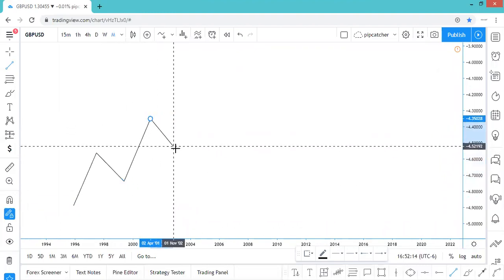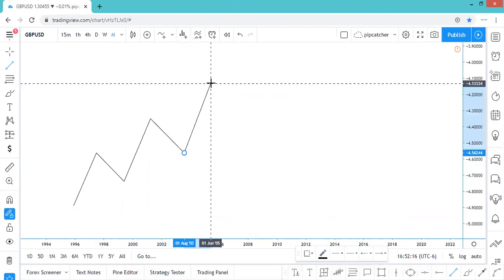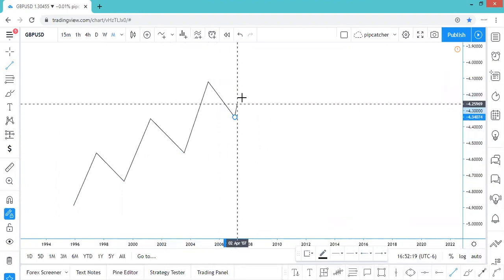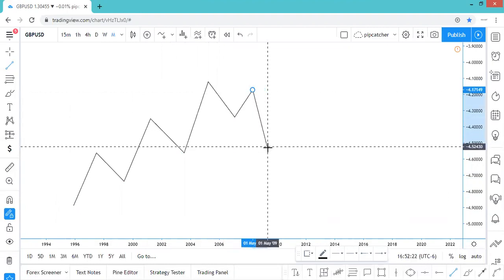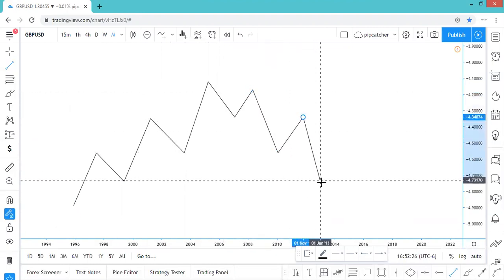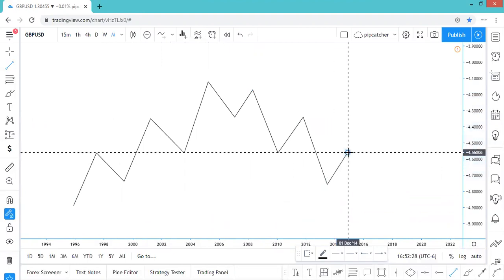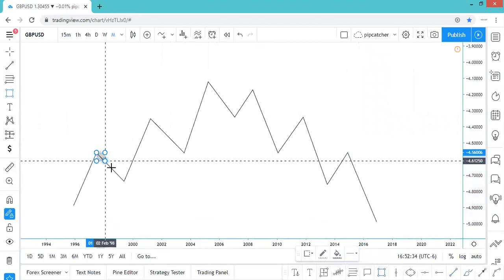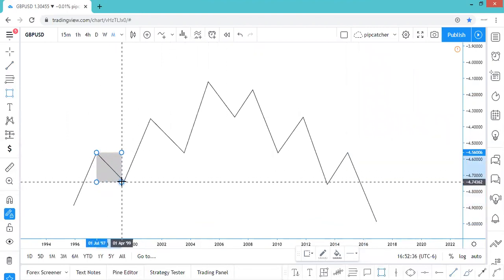So this is the big trend, right? This is how the trend is, let's say, from a higher time frame perspective. Okay, but then you get these areas right in here.